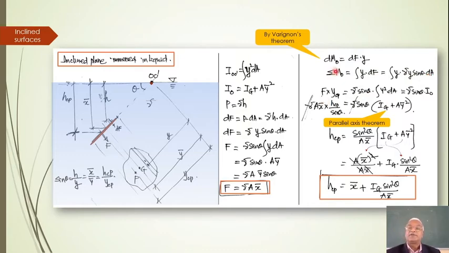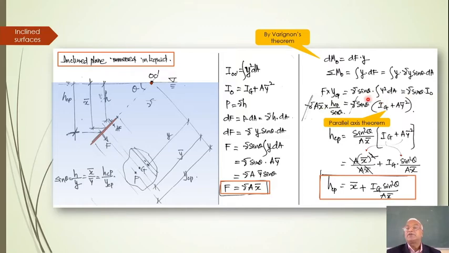Because of that, F into Y cp is equal to gamma sin theta, outside the integration, Y squared dA. So here it becomes gamma sin theta, fine, and this becomes I naught. Then F is gamma A X bar, Y cp is H cp by sin theta.